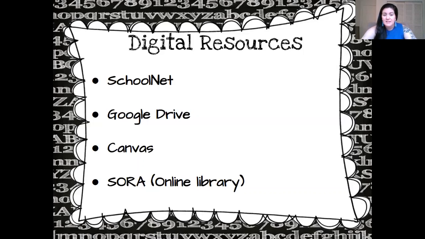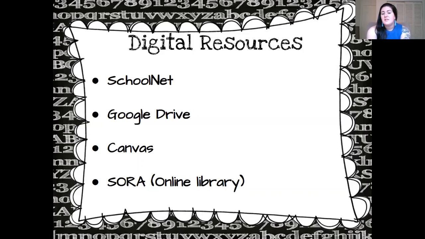So I do use it as a guide, and it's a good way for you to see, okay, my kid has all these zeros or whatever. But at the end of the day, PowerSchool is what you really, really, really want to be looking at. PowerSchool is up to date, it's exact grades, and I basically use Canvas to put the grades in PowerSchool. So please make sure that you are checking PowerSchool as a final answer to what your child's grade is.